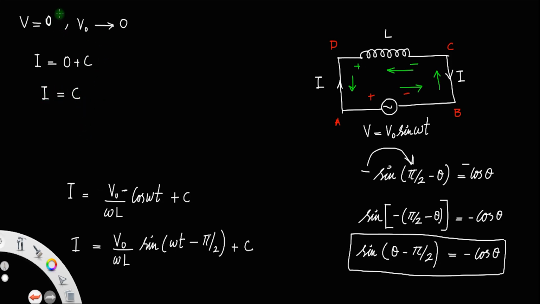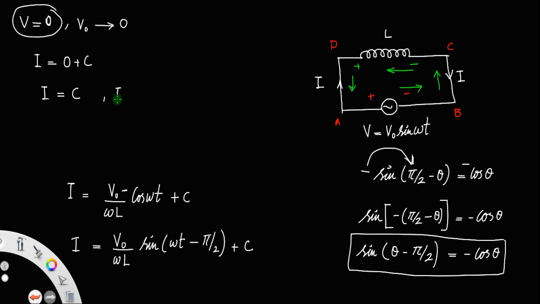Initially, since there is no source EMF, there will be no peak voltage, which means the source is not connected to the inductor. That means basically there is no current in the inductor.